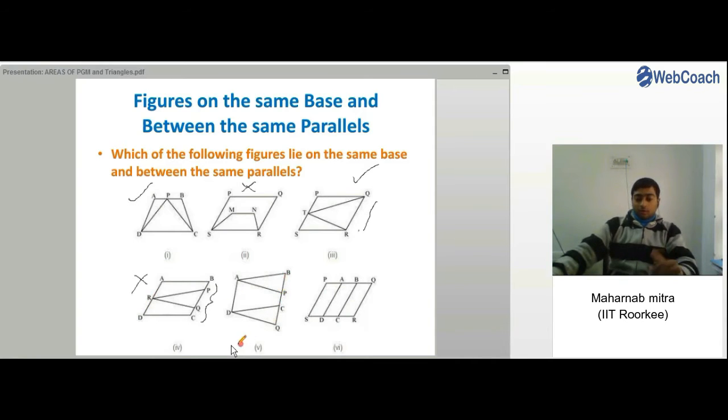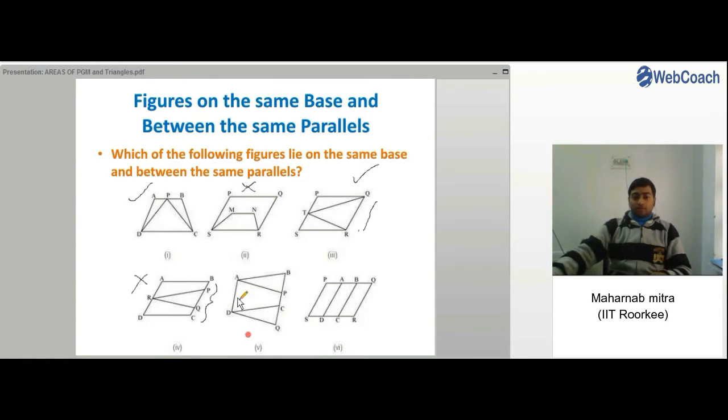Let us consider the next one, the fifth one. Now we can see two trapeziums, a smaller one and a bigger one. The smaller one is APCD, right? And the bigger one is ABQD, right?